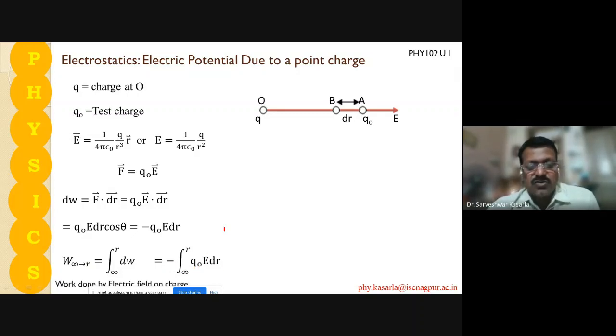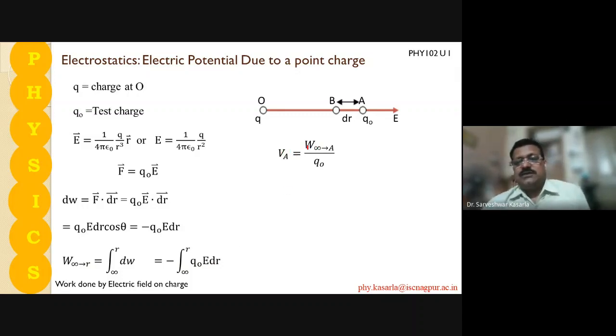If you solve this integral, we get the work done by the electric field on this charge. So VA will be equal to this much that we have already seen.